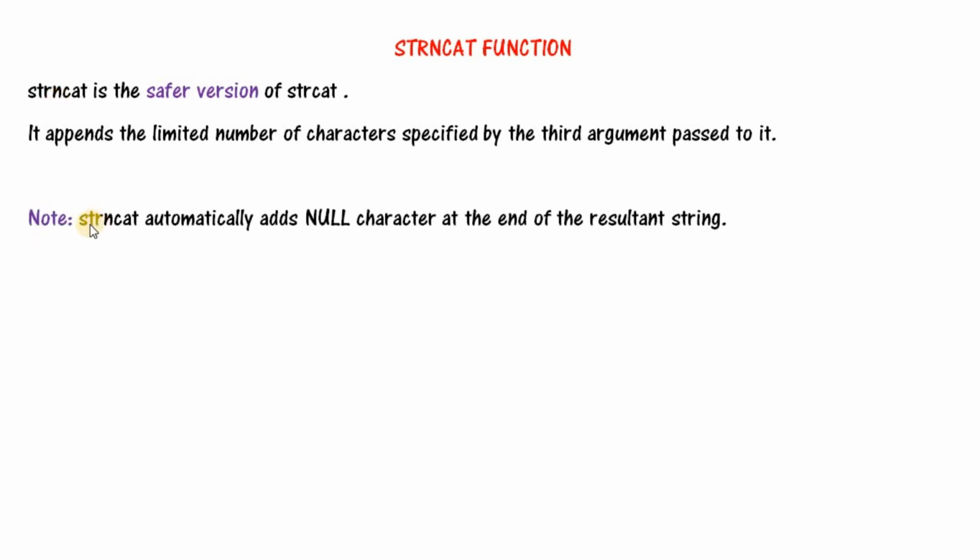Please note that strncat automatically adds the null character at the end of the resultant string. There is no requirement of adding the null character at the end of the string manually.